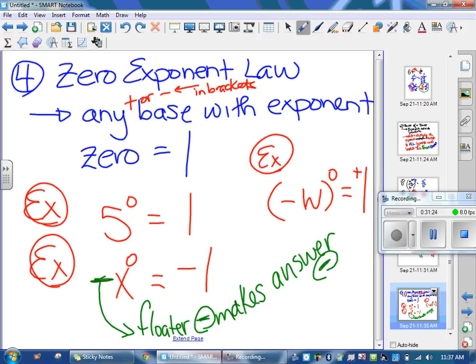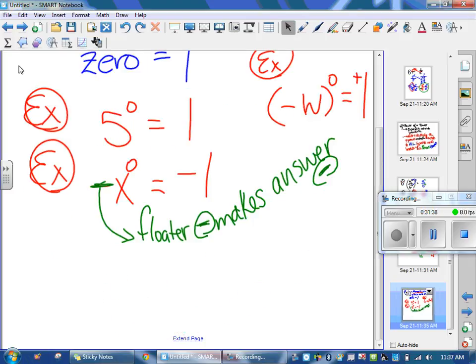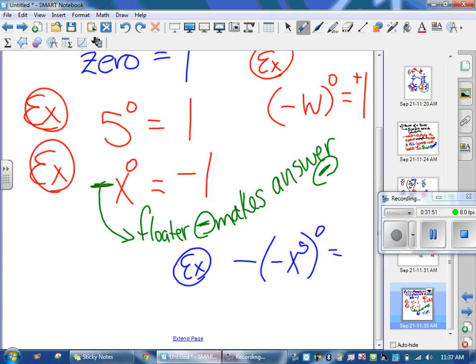That's just the rule. So you're often going to see another example like this, but it'll have the negative sign up front, a dangling negative, the floater negative. Negative x to the 0, I'll even put a 5 there, it doesn't matter. That's going to give you a negative 1, because of the floater negative. This part gives you a positive 1. This gives you the negative 1.